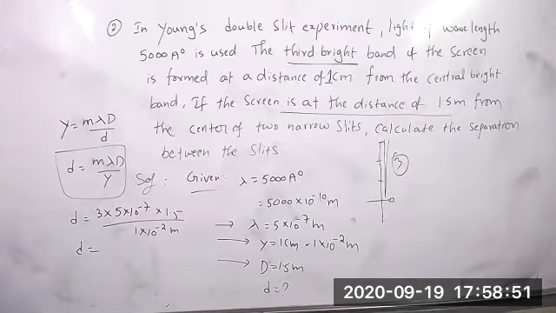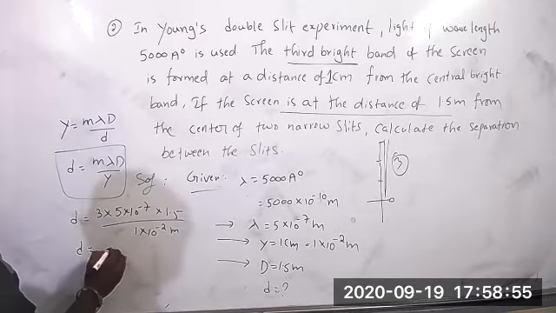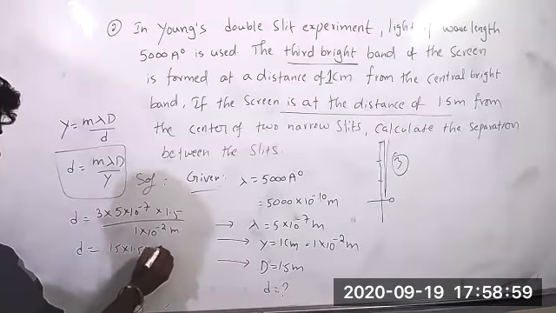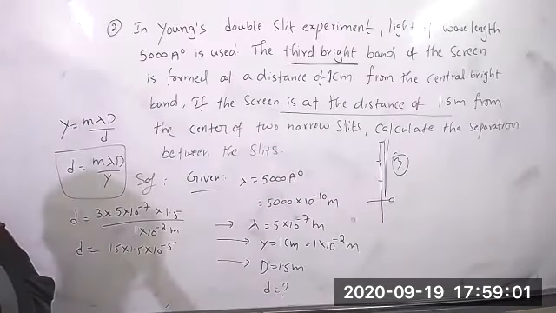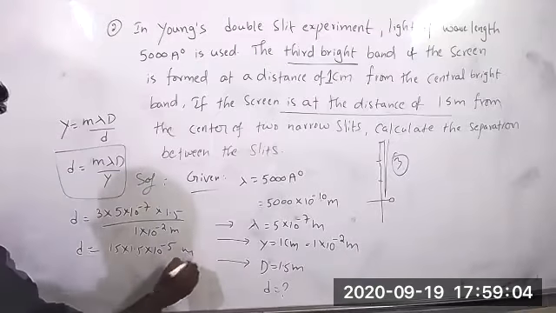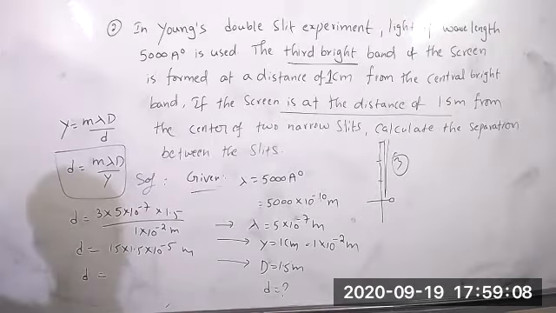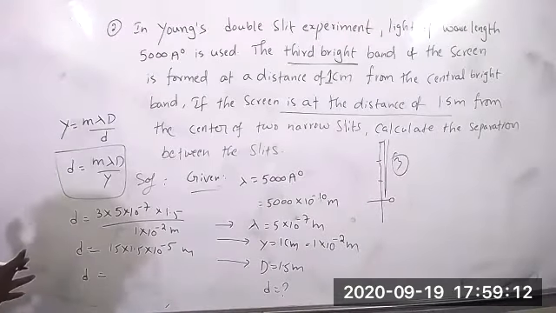Anirudh, how much did you get for the answer? 15 into 1.5 into 10 to the power of minus 5. How much did you get, Anirudh? D equal to 15.